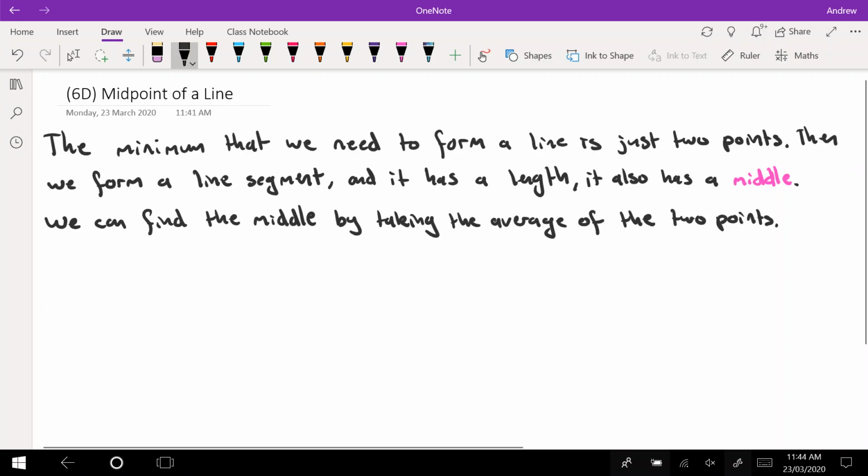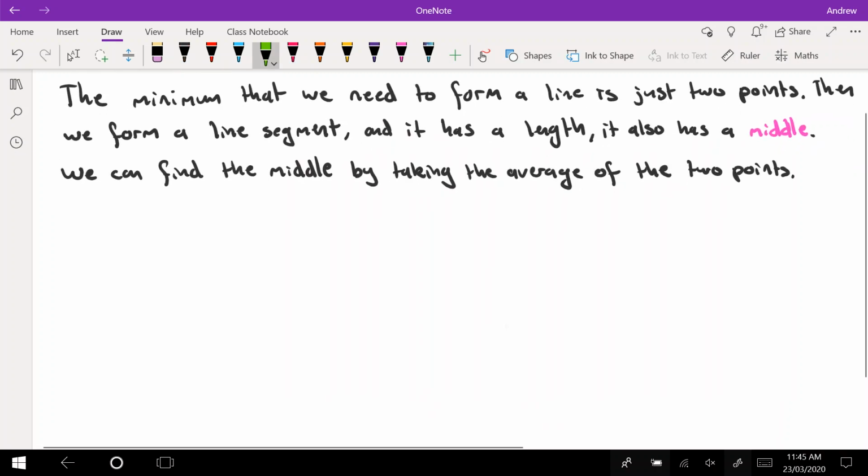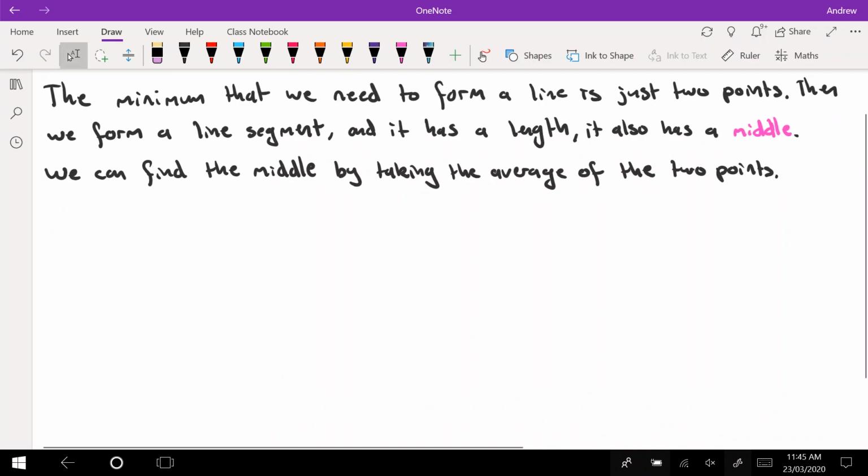So we need 2 points to form a straight line. That is the minimum information that we need because we just connect them with a straight line. And once we have those 2 endpoints of the line, we can take the average of those 2 endpoints to find the middle of the distance of our line. And that is what we call the midpoint, the middle point.